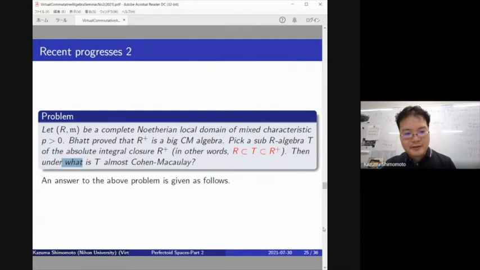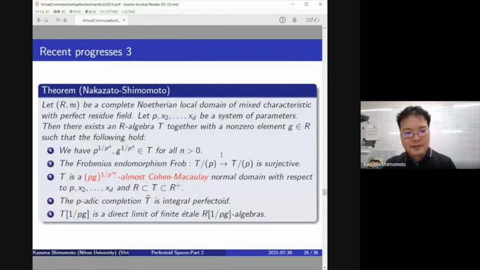So the answer to this problem is as follows. This is obtained in joint work with Nakazato-san and myself. The theorem is as follows. Take R to be a complete Noetherian local domain of mixed characteristic with perfect residue field. Take a system of parameters starting with p, x2 through xd. Then there exists an R-algebra T together with a non-zero element g such that the following hold.